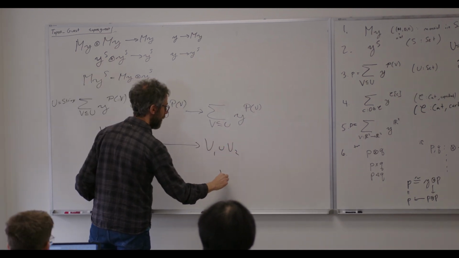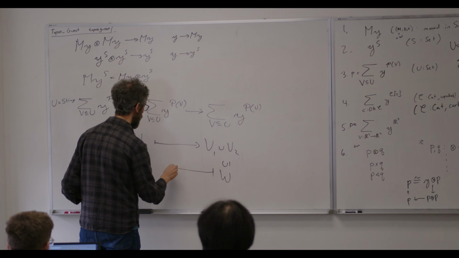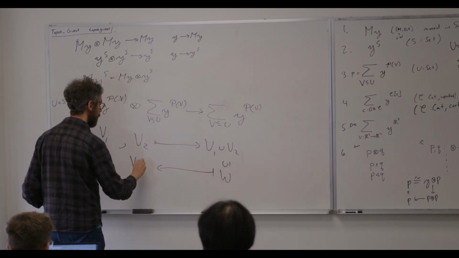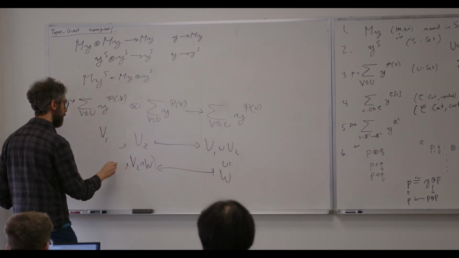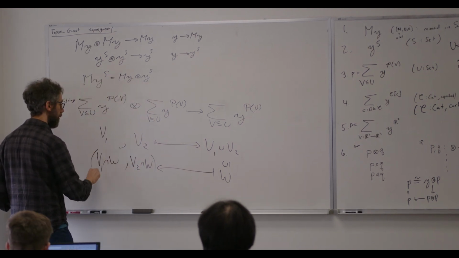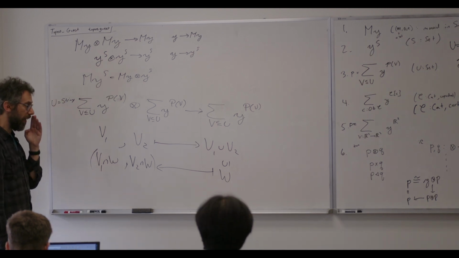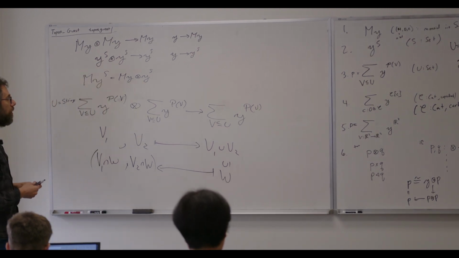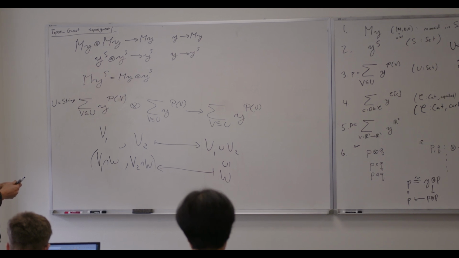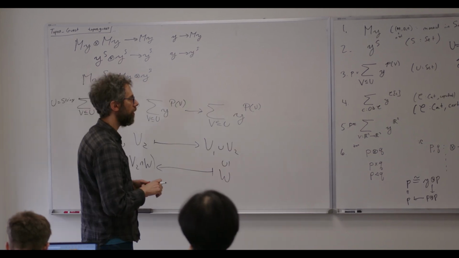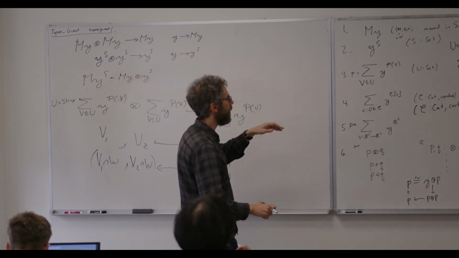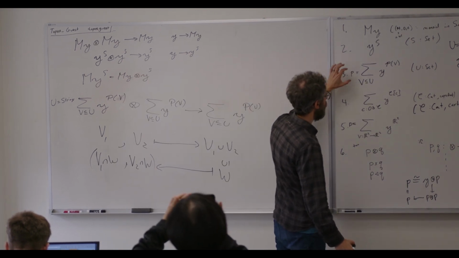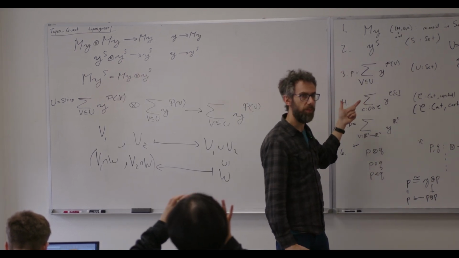Then if somebody gives us a subset W of that, we send it back to each of us as V1 intersect W and V2 intersect W. So that's an applicative, that's a tensor monoid, that's a lax-monoidal polynomial functor. For each of these, we have a lax-monoidal structure on this functor, which is the same thing as being a tensor monoid.